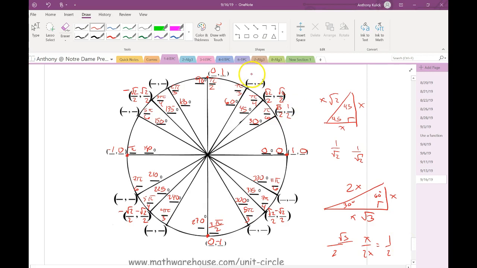And for 60 degrees, cosine is 1/2, and sine is square root 3 over 2. So, translating to the third quadrant, this one is negative square root 3 over 2 and negative 1/2, and then negative 1/2 and negative square root 3 over 2.